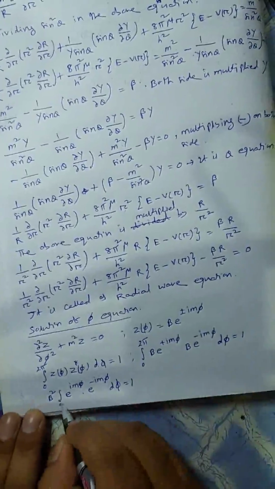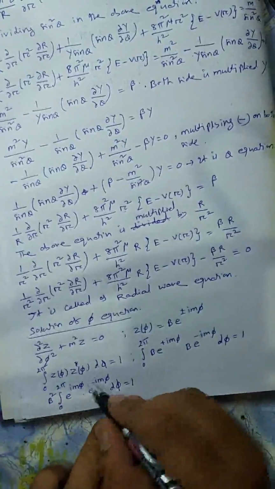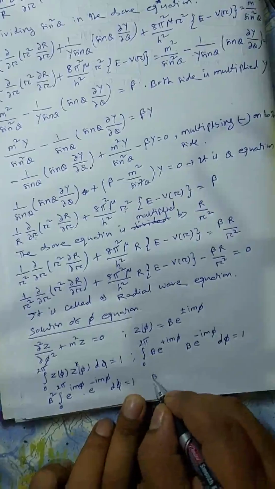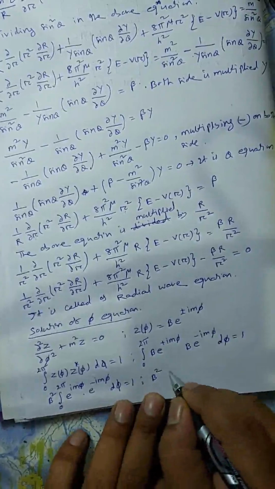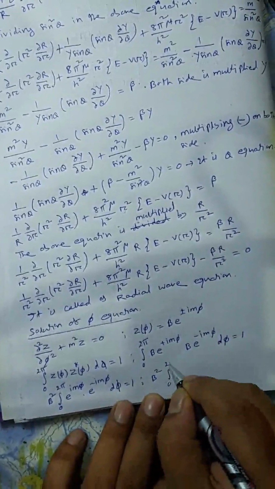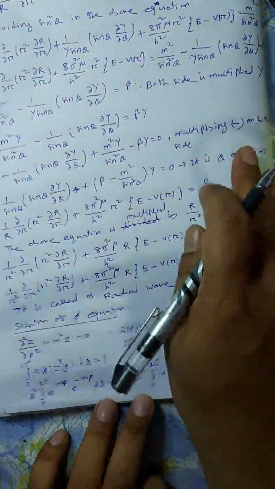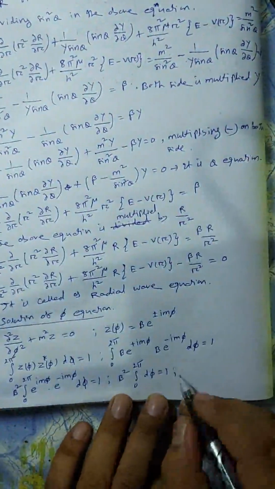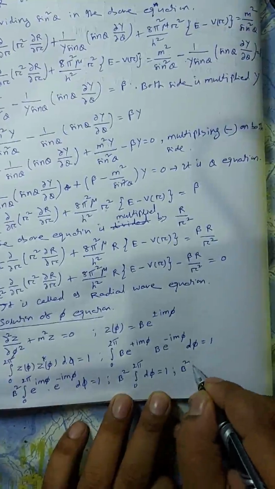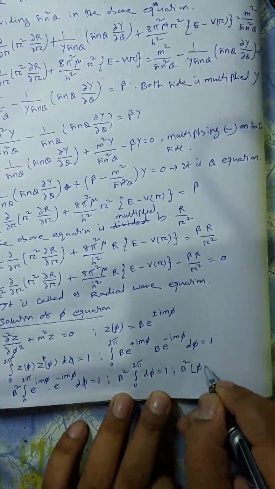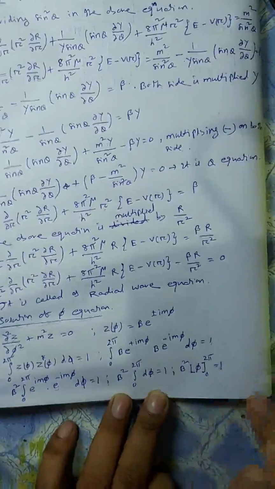All are 0 to 2 pi, so it becomes 1. So b square integration 0 to 2 pi d phi is equal to 1. The integration of d phi is phi, so b square phi from 0 to 2 pi is equal to 1.